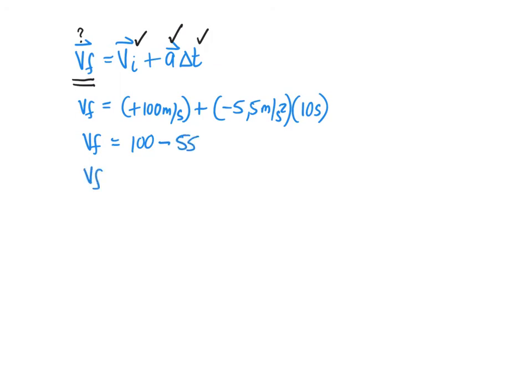So V final is then plus 45 meters per second. Keep in mind that V final is a vector quantity, so this plus sign here is in actual fact a direction. So we're going to rewrite it fully as V final is 45 meters per second in the original direction of motion.